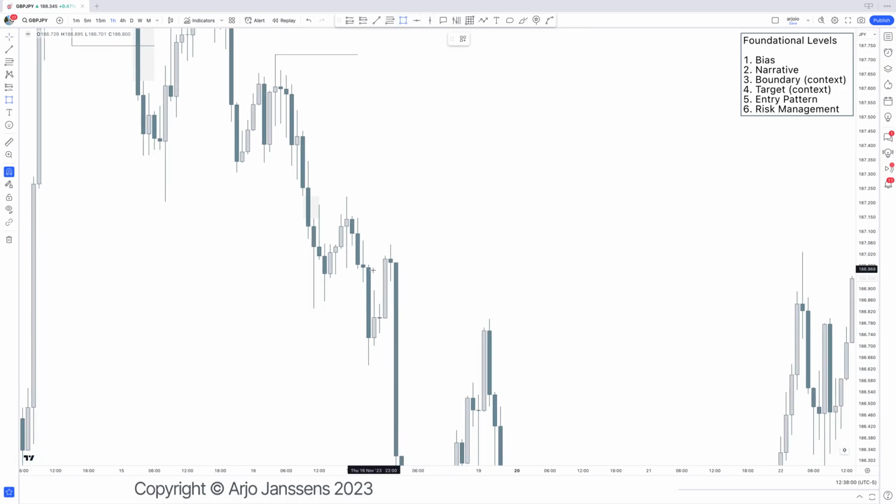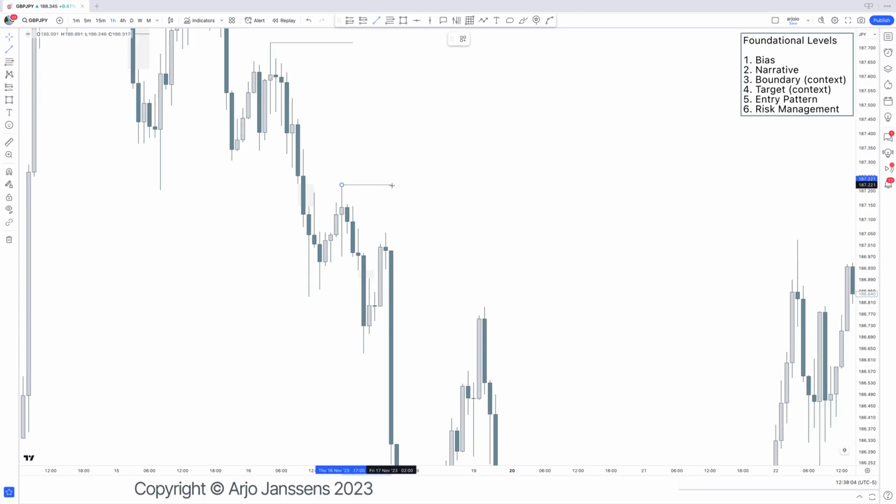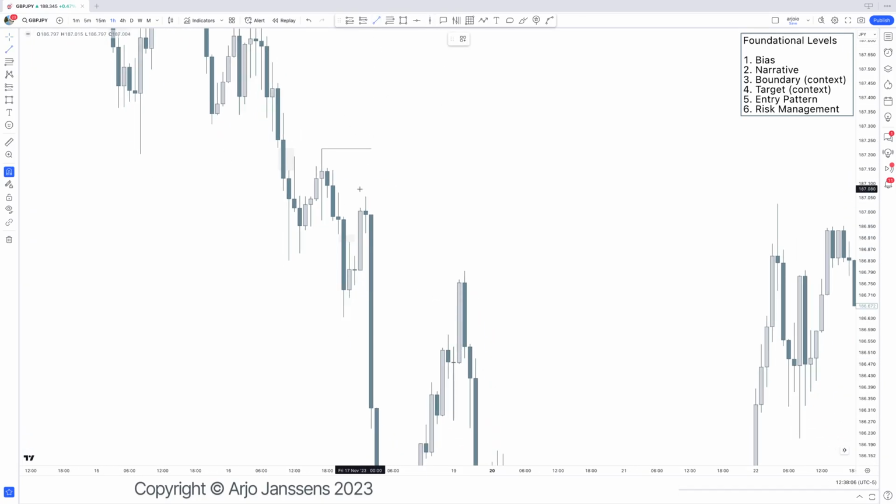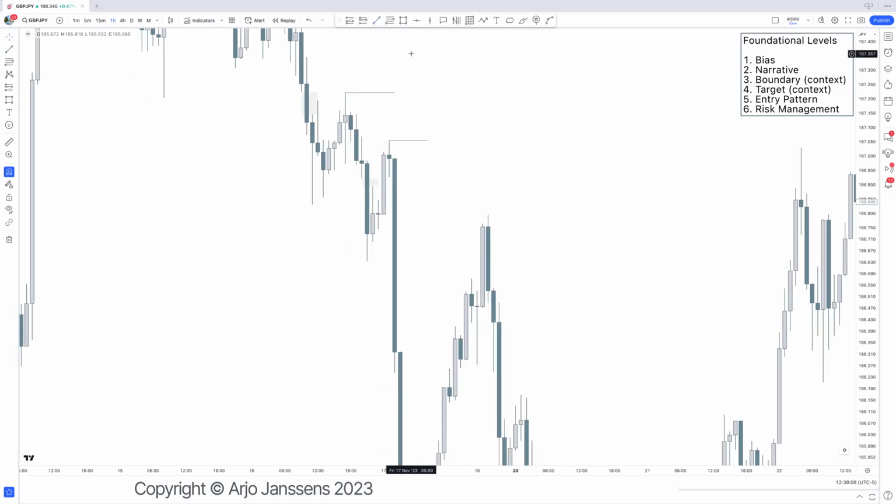That new order flow lag has this fair value gap right there. And that new order flow lag creates this new order flow lag right there, which has this fair value gap.